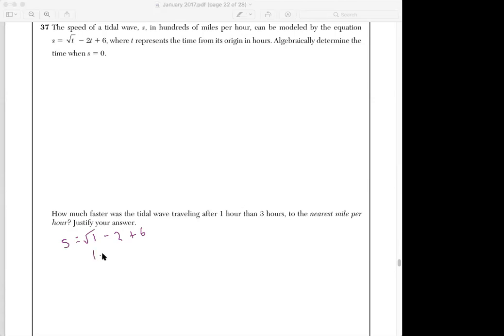So this is 1 minus 2 plus 6. So 1 plus 4. So s equals 500 miles per hour after 1 hour.